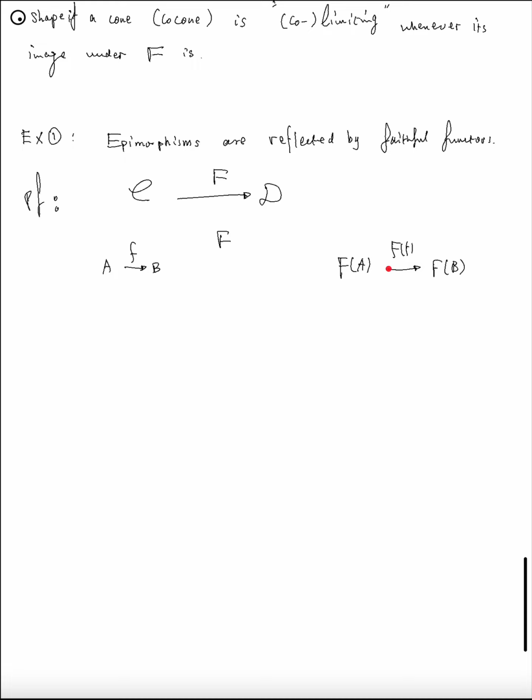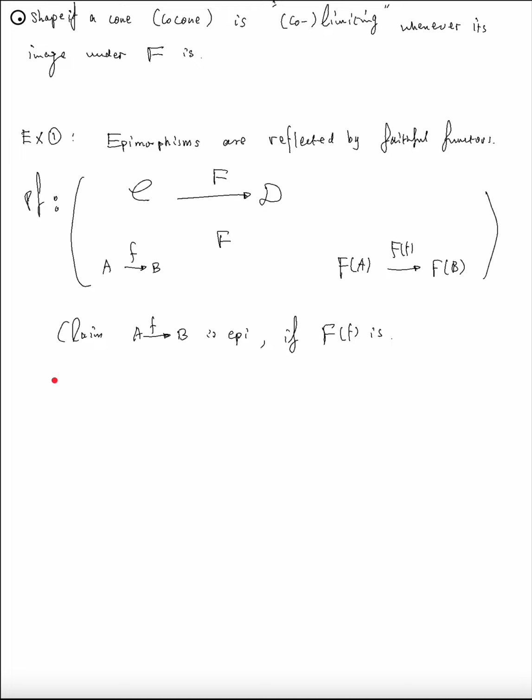So if this is the picture, if F(f) is an epimorphism, then by definition or by characterization, this is the same as saying that, sorry, it's too early to talk about this. I'm going to prove this claim, that f is an epimorphism.